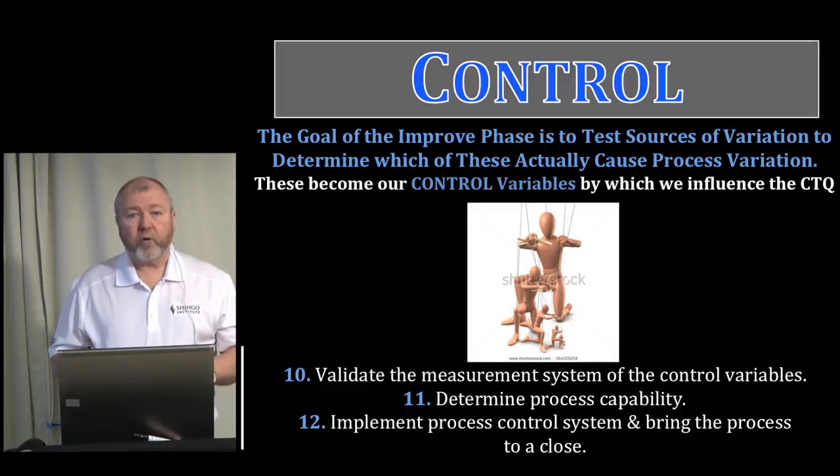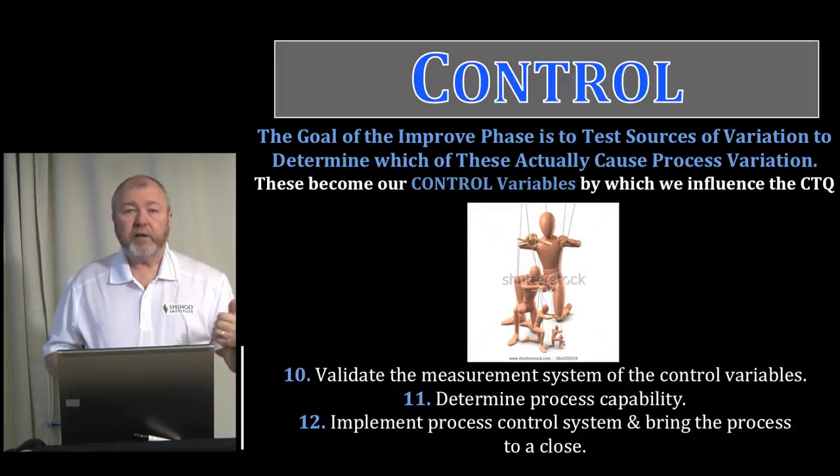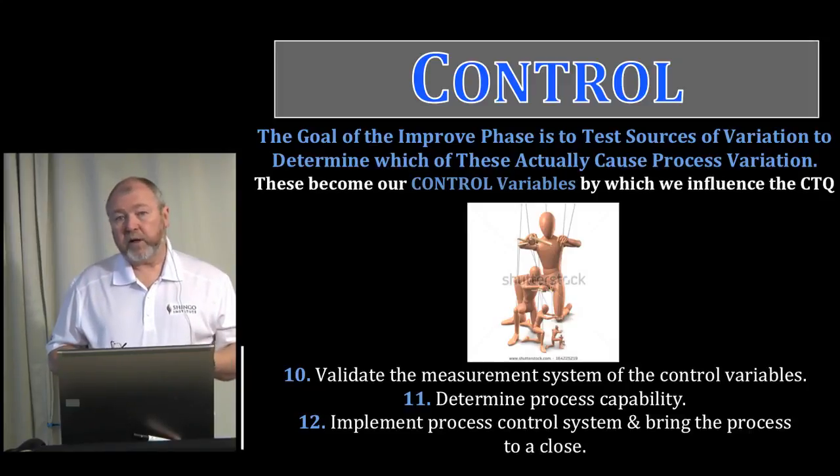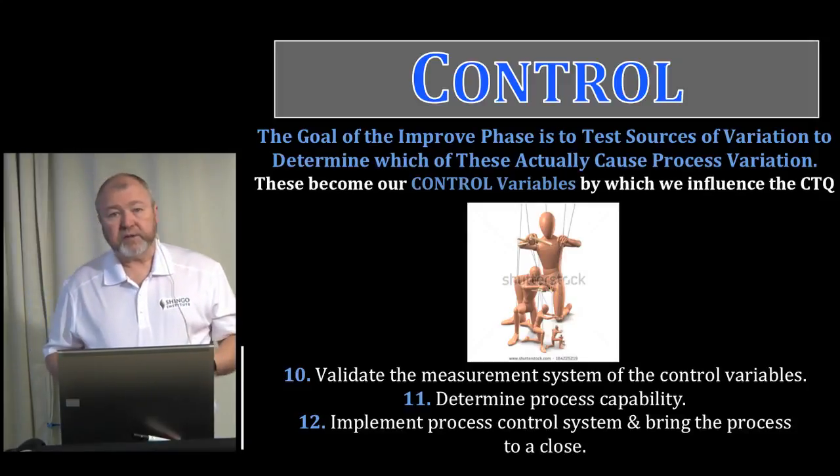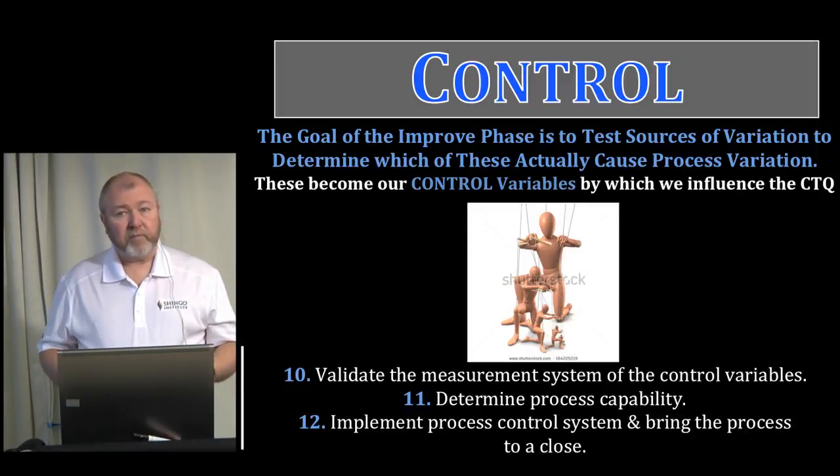They are the controllable X's, the independent variables that lead to improved customer performance. So improvements in Y, in the CTQ, the critical to quality characteristics as seen from the customer perspective. So those important sources of variation, those important variables, things that we control, maybe temperature, humidity, pressure, volume, the quality of the leather that we use in some product, the speed of the processor that we have in some instrument, and so on.